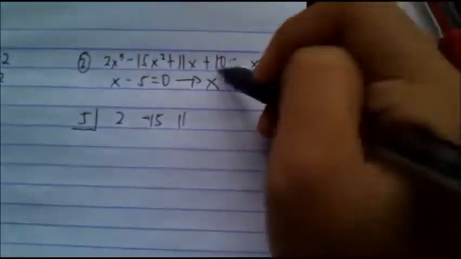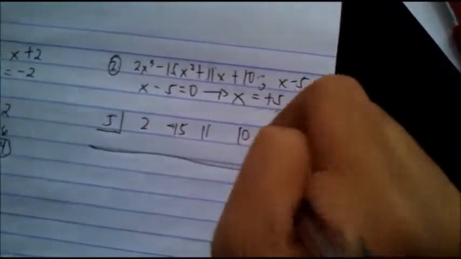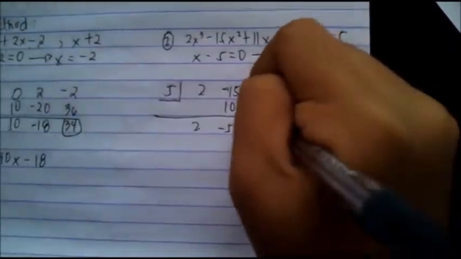So, 5 divided by 2, negative 15, 11, 10. Bring down 2. 2 times 5, 10. Negative 15 plus 10 equals negative 5. Negative 5 times 5 equals negative 25.